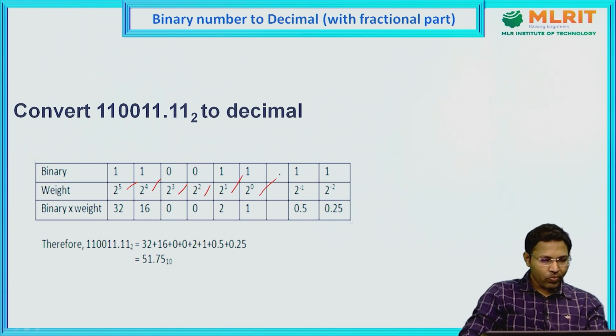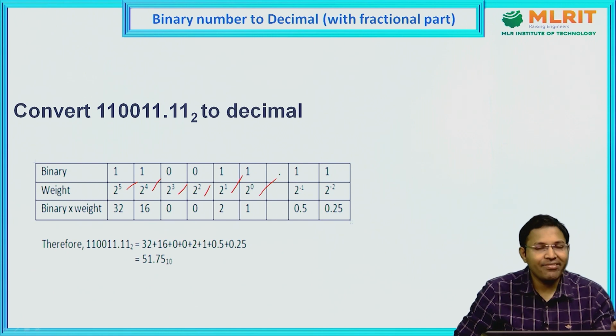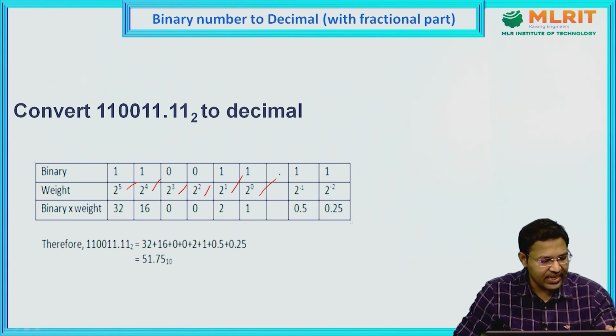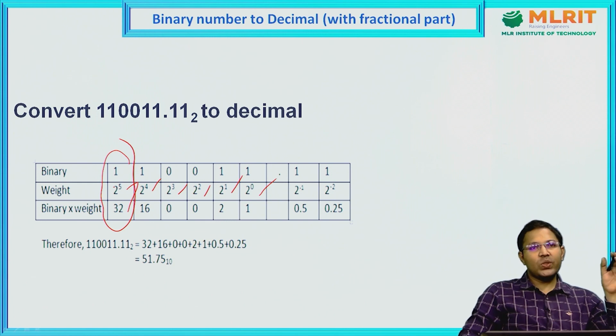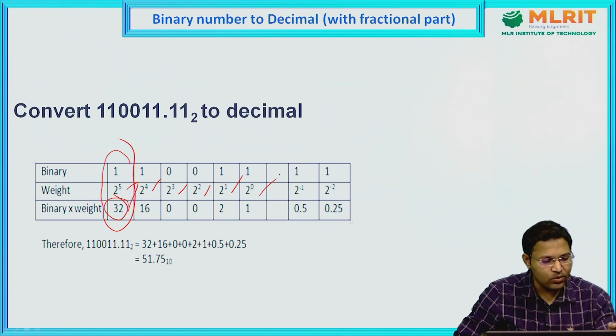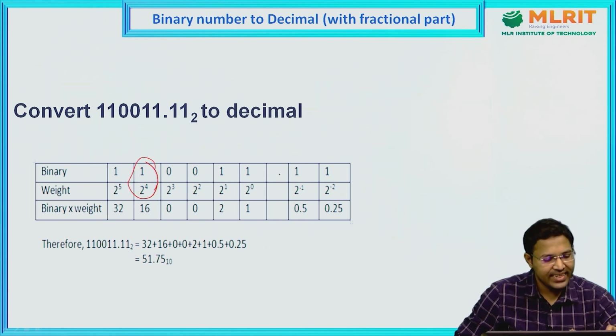Now what you need to do here, like we have done in the previous case, is take the first digit 1 into 2 power 5. 2 power 5 is 32, 32 into 1 gives us 32. Next, 1 into 2 power 4, 2 power 4 is 16, 16 into 1 gives us 16.